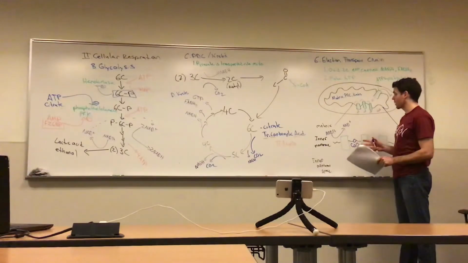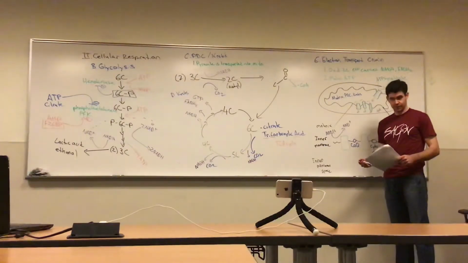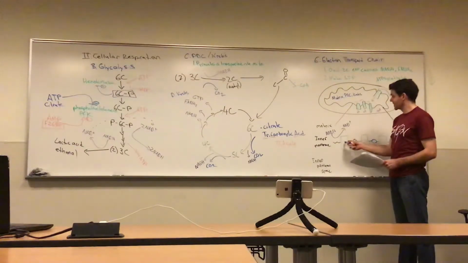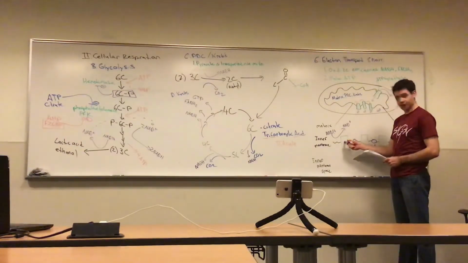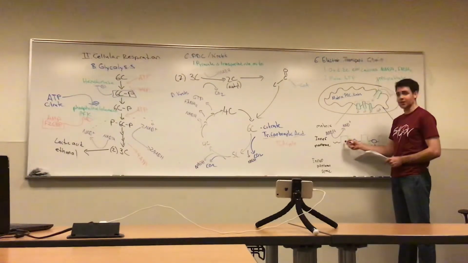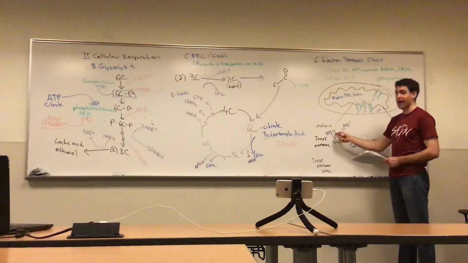Now this is a G-Chem principle, but it also applies here. So let's talk about oxidation and reduction potential. So this thing gets reduced, and this NADH gets oxidized, right? So this is a higher reduction potential. This is a higher oxidation potential.